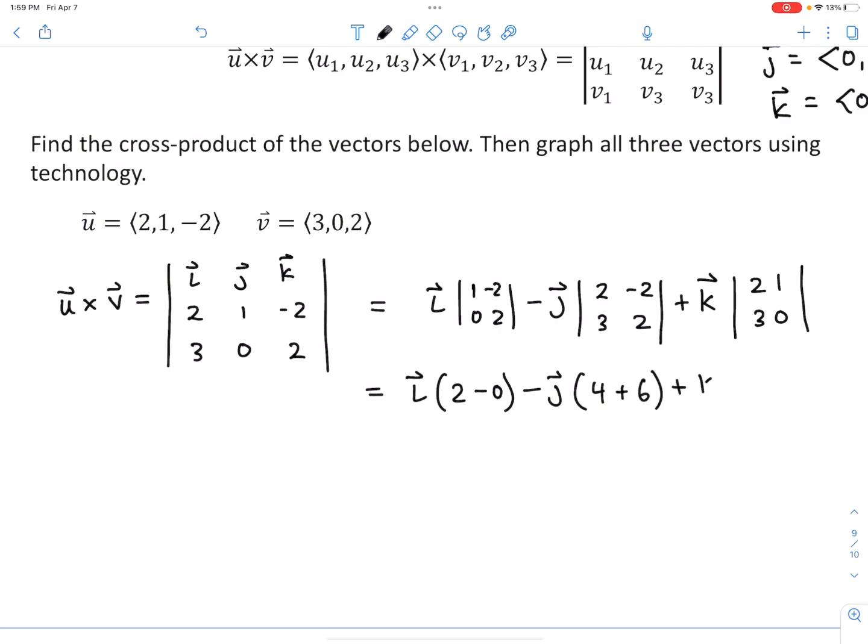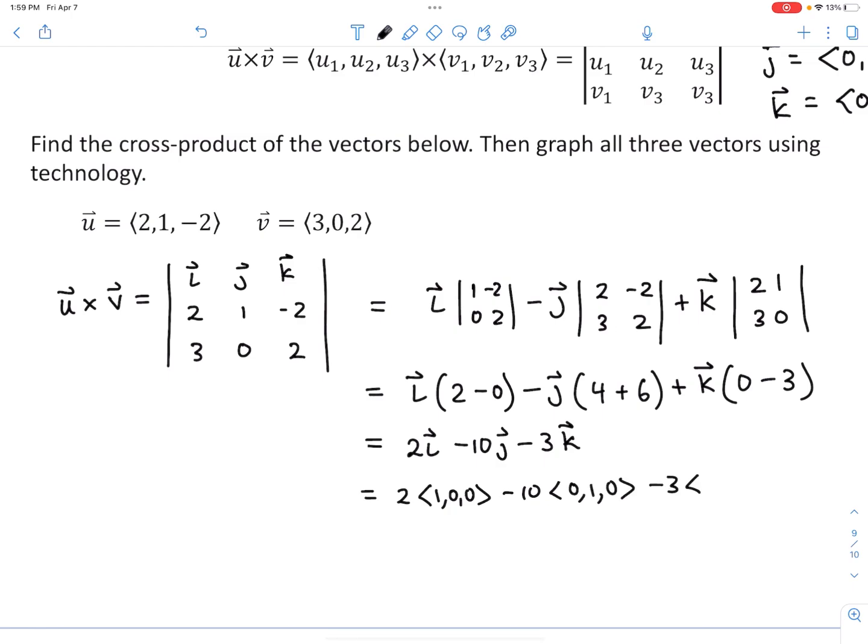And then finally we say plus k. 2 times 0 is 0, and then minus, and we have 3 times 1 is 3. So in the end, this winds up being 2 times vector i minus 10 times vector j minus 3 times vector k. Vector i is 1, 0, 0. Vector j is 0, 1, 0. And vector k is 0, 0, 1. So in the end, we really just wind up getting 2, -10, -3 as our final vector.